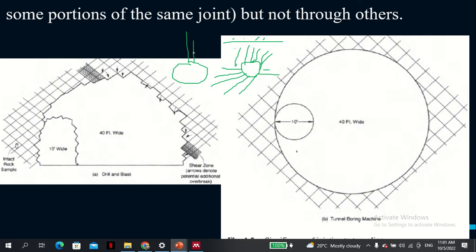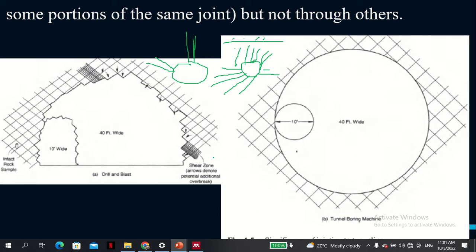So the worst case scenario is that the tunnel and the stratification align, because you'd prefer alignment to some angle, so that there is no way the rock mass can just slide down.